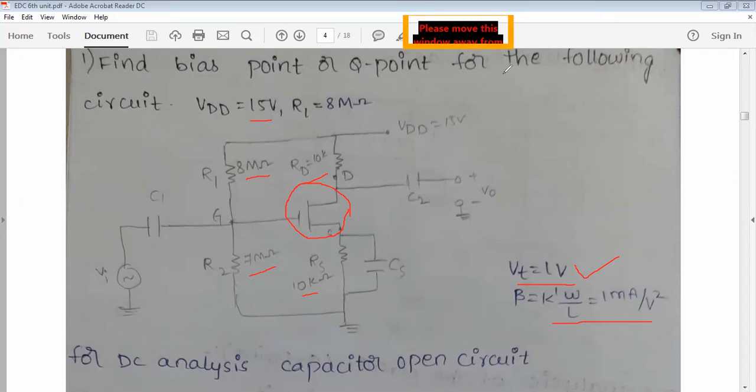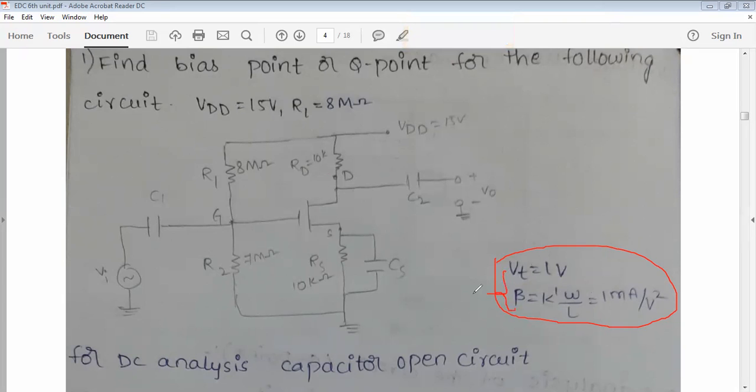Or otherwise, simply observe the data. The data is K dash into W by L and the threshold voltage. By using the given data also, we can say that the given device is an enhancement mode MOSFET.